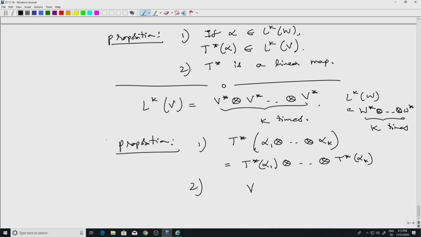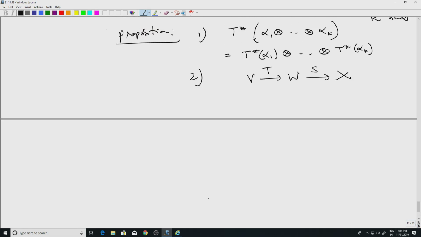So if I have three vector spaces, V to W to X, let's say, and this is T and this is another linear map S. One can of course compose S and T and get a linear map from V to X. So let me write it in a different way: V, W, X. This is T and this is S, so here I have S composed with T.